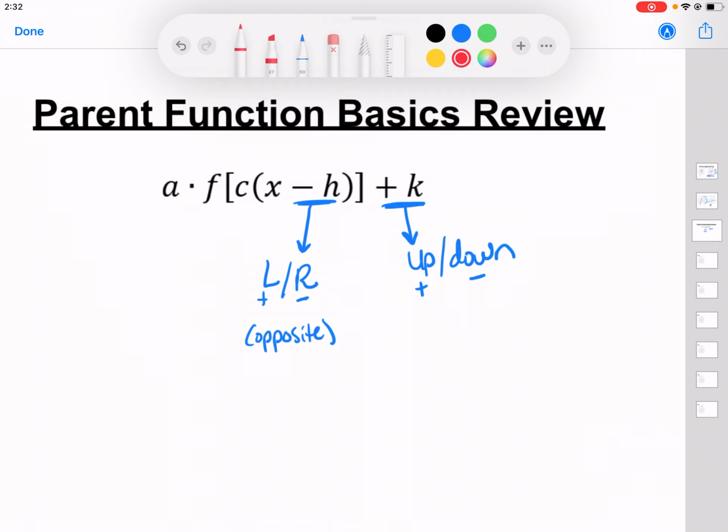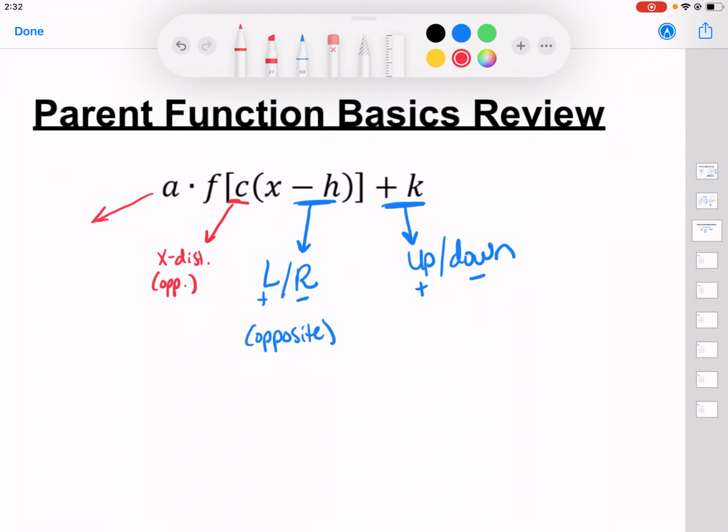All right, and then the c is called your horizontal stretch or compression. I call it the x distortion, and that's because it affects the x's. So if you're compressing or stretching the x's, then it's going to affect your graph horizontally. Once again, it's going to do the opposite of what you would expect.